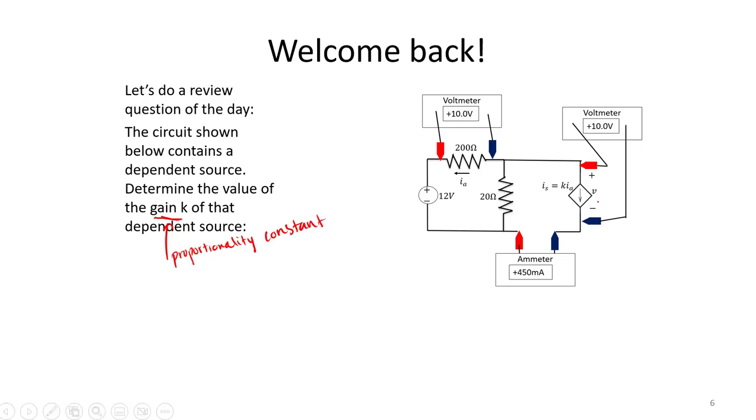So in the case of the dependent source in this circuit, we see that our source's current is equal to our gain K times I sub A, where in this case, I sub A is the current flowing through our 200 ohm resistor.